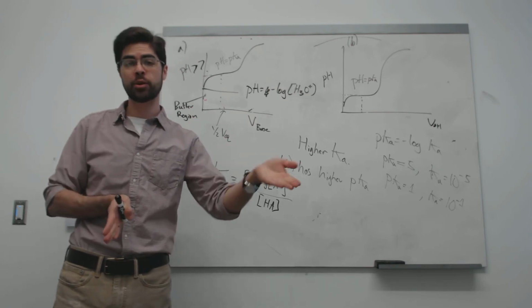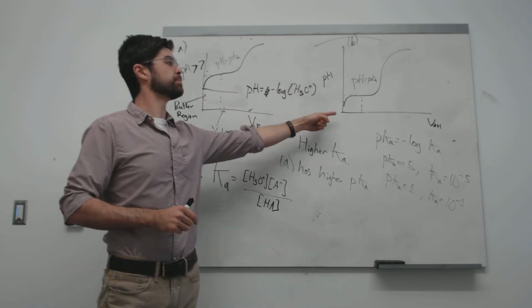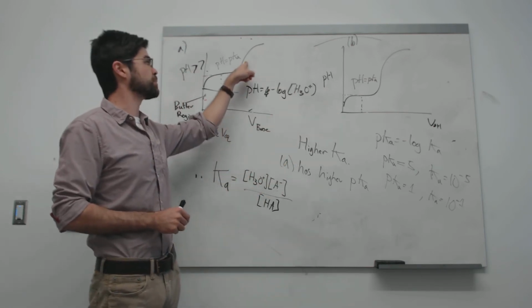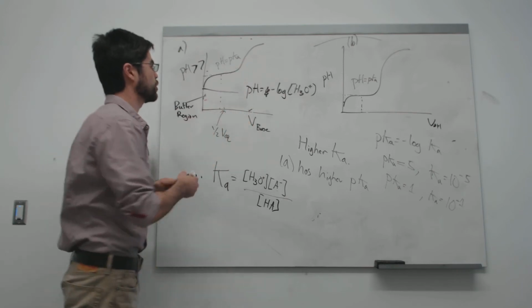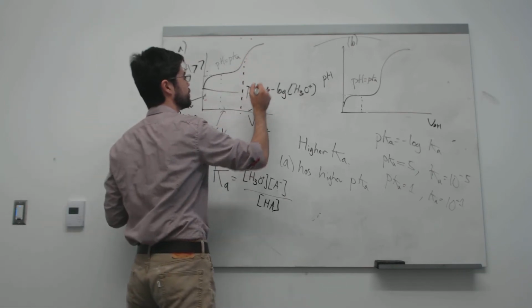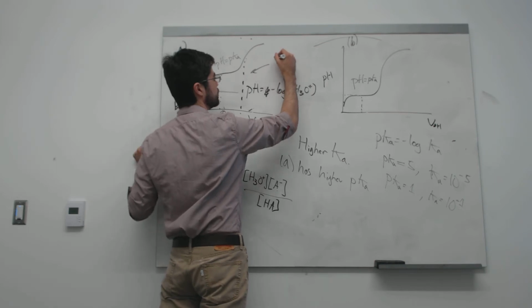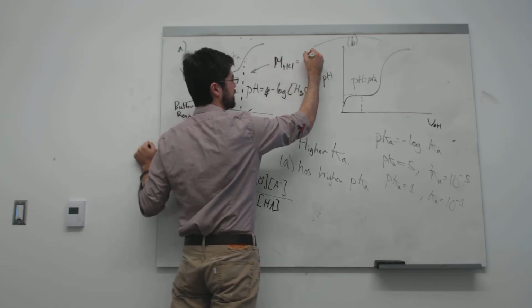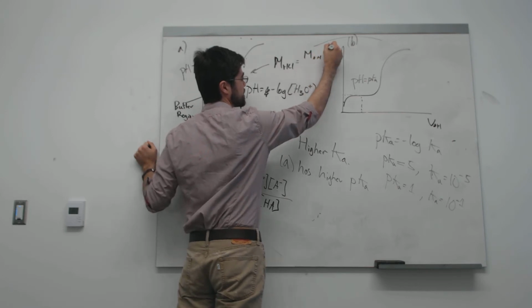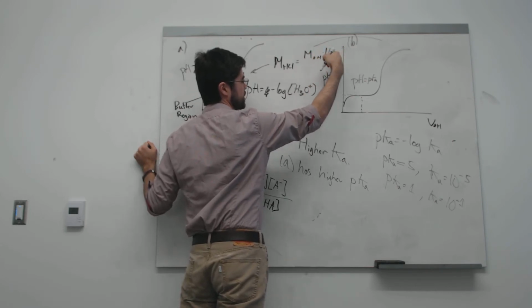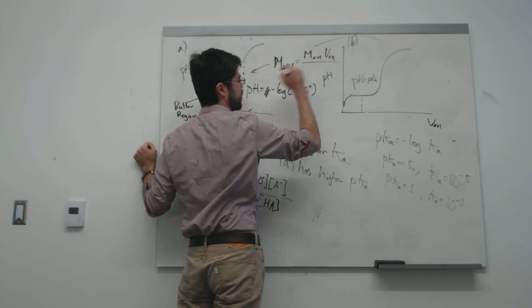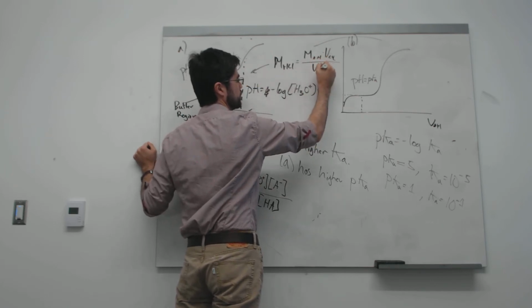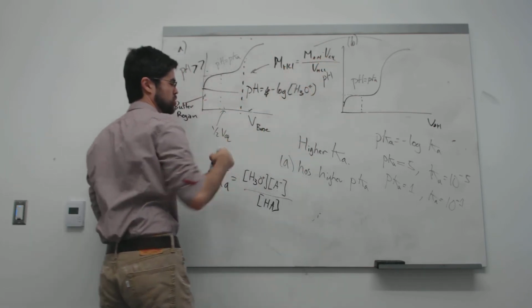So at that point, yeah, you could figure out the Ka value using the equivalence volume here. So you can say that the concentration of the HCl should be equal to the concentration of your base times the volume of base that you added, which would be your equivalence volume, divided by the volume of acid that you started with.